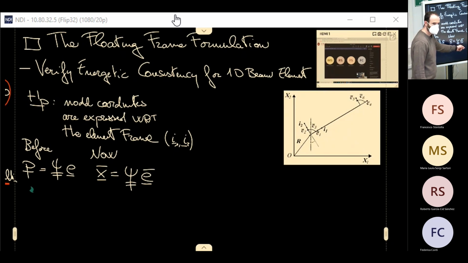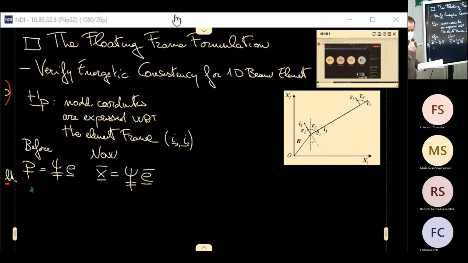But we want to relate the solution, the nodal coordinates expressed with respect to the local frame, so that's why there is an overbar over D, to the position of each element, of each point within the element, described with respect to the element frame again. And you should already wonder that this actually will have consequences, positive consequences for what we were looking at.